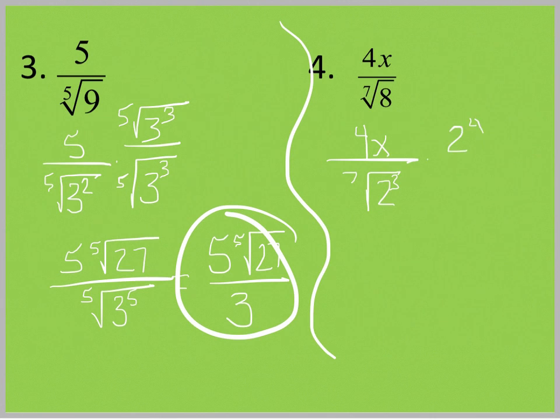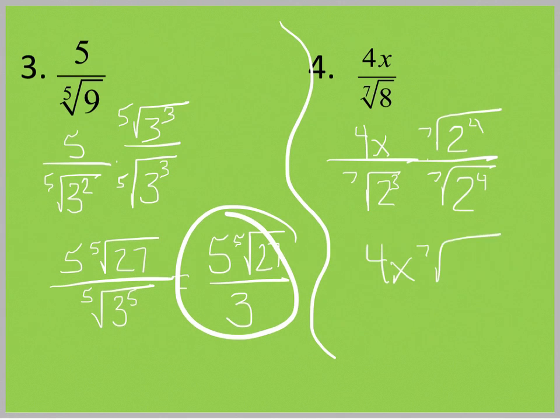So I'm going to multiply the top and bottom by the 7th root of 2 to the 4th. Now when I do that, I'm going to get 4x 7th root of 2 to the 4th, which is going to be 16 over 2. Notice in this case, you can cancel out a 2. So my final answer is 2x 7th root of 16.